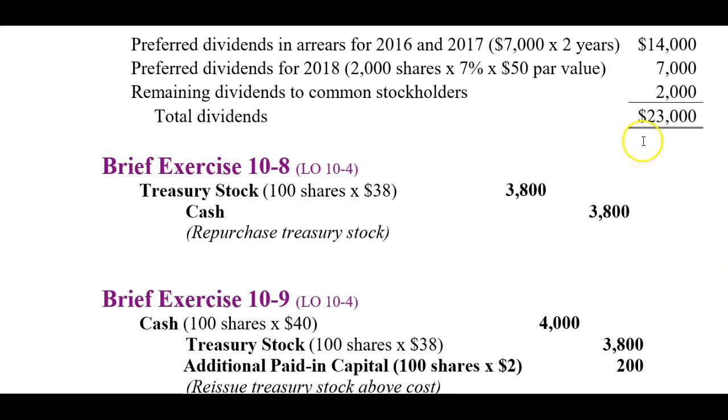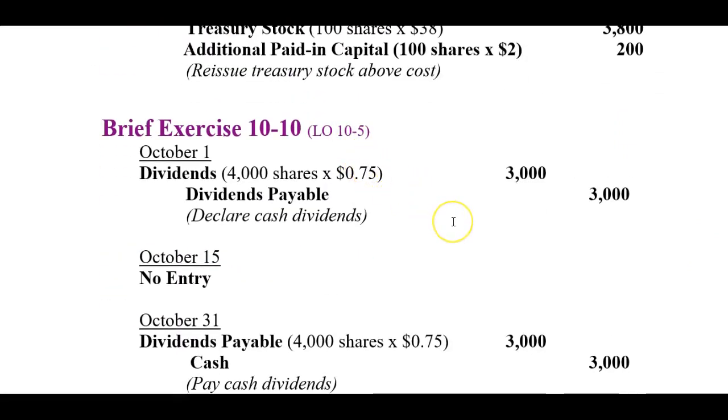The next one is number 10. On this one, we have 4,000 shares of common stock outstanding. On October 1st, which is the declaration date, the company declares a 75-cent per share dividend to the stockholders of record on October 15th. So October 15th is the date of record.